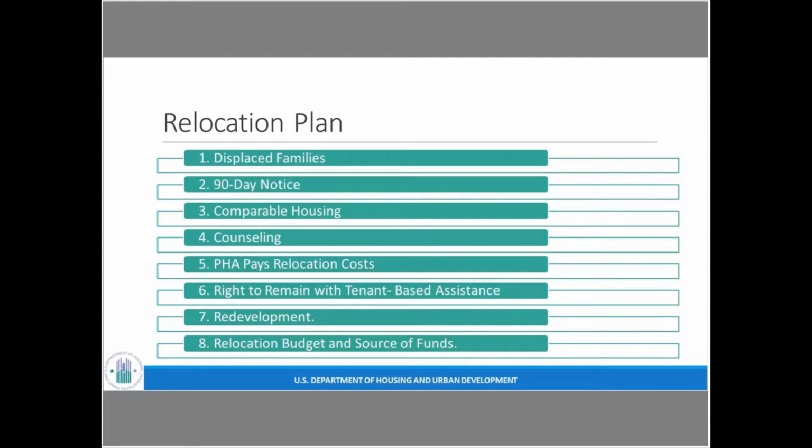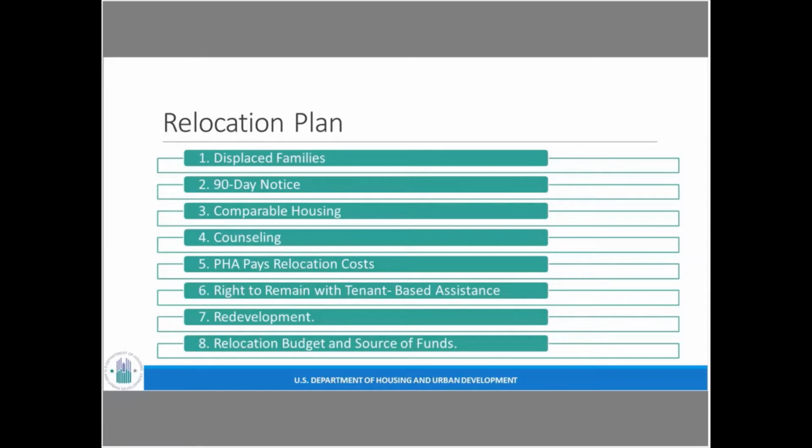displacement. Families that are being removed or are being converted from public housing are considered displaced families for purposes of Section 22. So even if a housing authority is going to retain the property as affordable housing through an affiliate or themselves and allow the families to remain in place with tenant-based or possibly project-based assistance, those families are still considered displaced families under the 1937 Act.